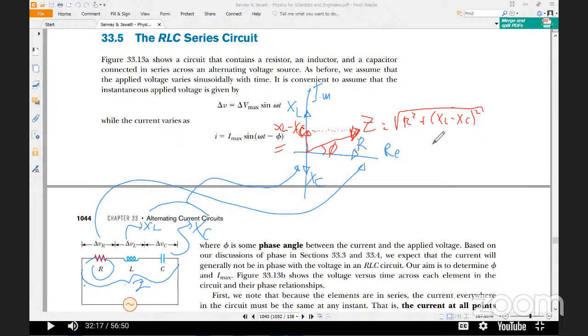So we can calculate phi as tangent phi equals XL minus XC over R. Now you can find phi is the inverse tangent of XL minus XC over R.